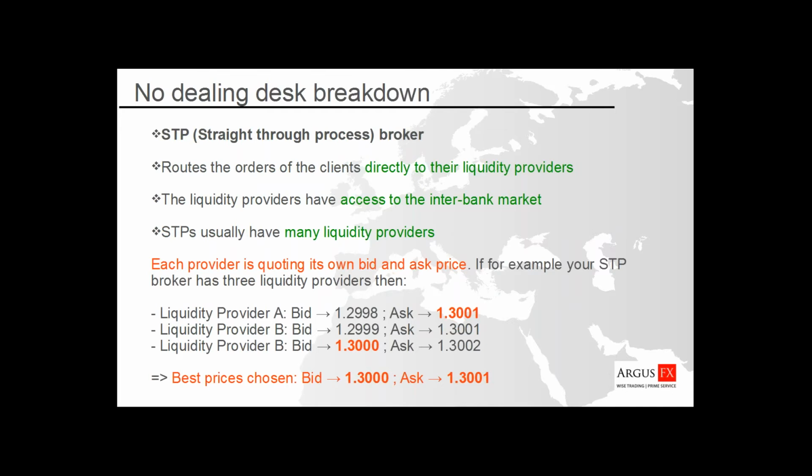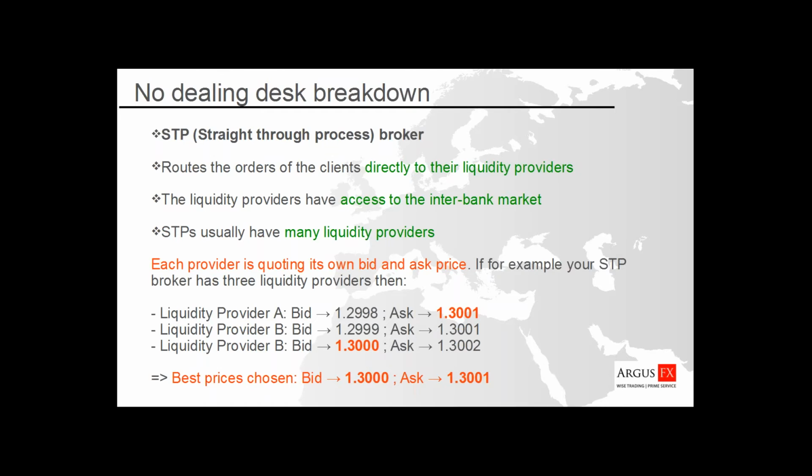And you also saw before some bullet points, but we are going to explain how your trades are allocated to the liquidity providers. So as we said already before, a straight-through broker, or an STP, routes the orders of the clients directly to the liquidity providers. The liquidity providers have access to the interbank market, whereas in the case of the market maker, it has access to the interbank market.